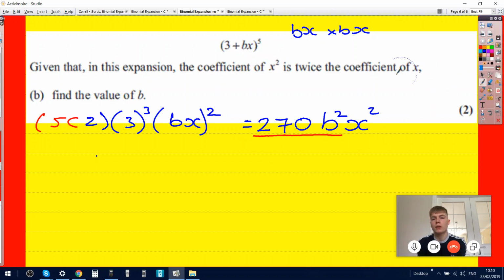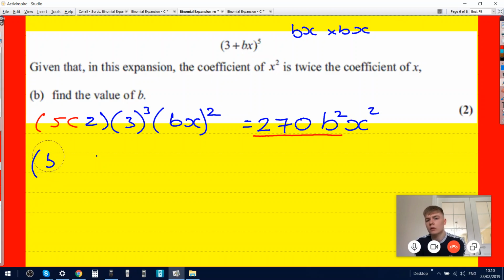To divide that by 2. What would be the coefficient of x? B. So if you did the whole thing. So coefficient of x would be like that.